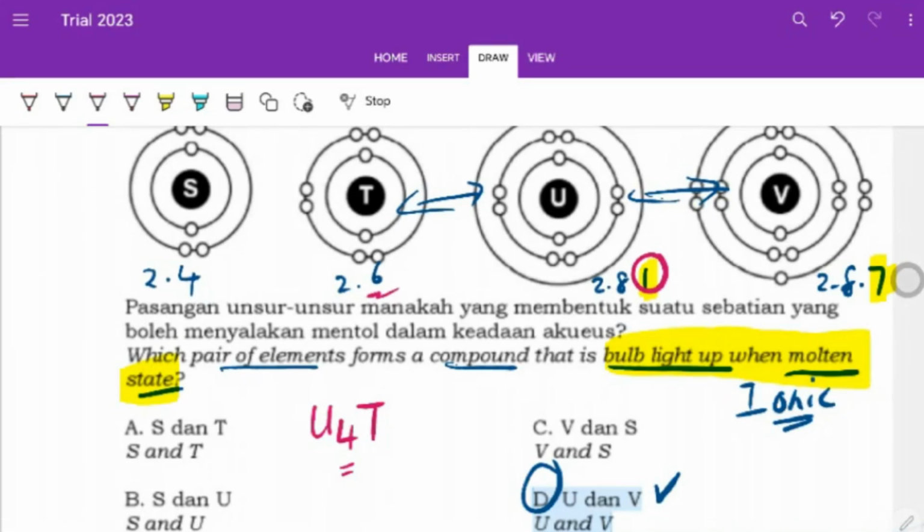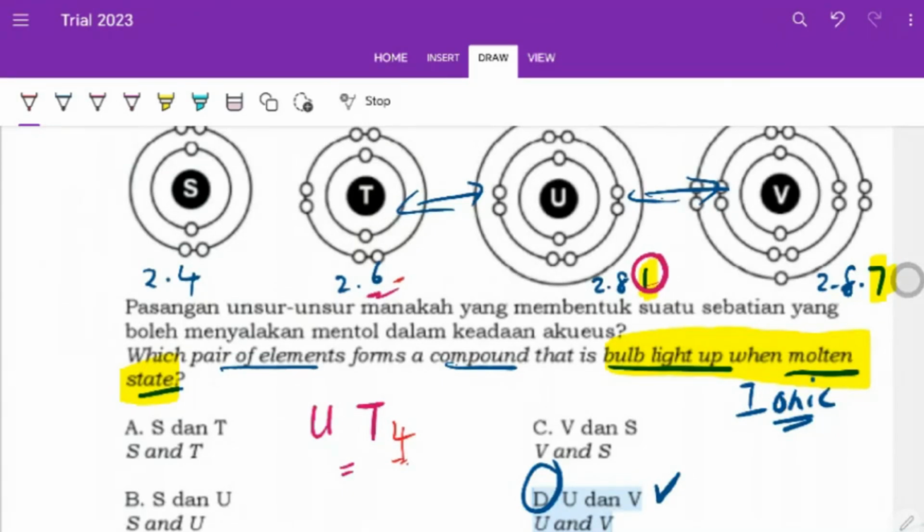Jimmy, what do you think? UT4, okay. If we change to UT4, meaning U loses 1, T needs 2, but if 4 means how many electrons you need?